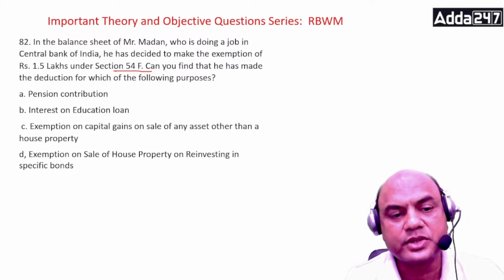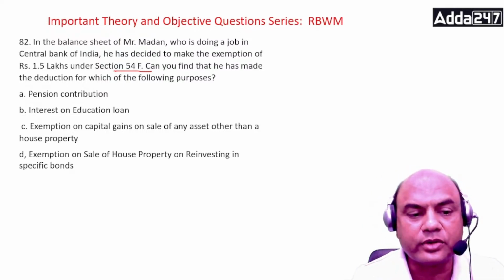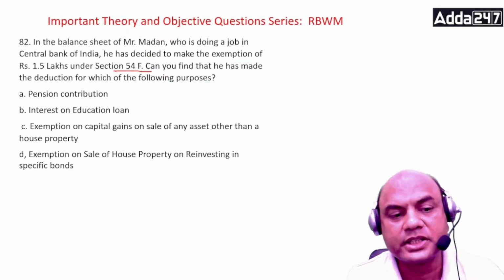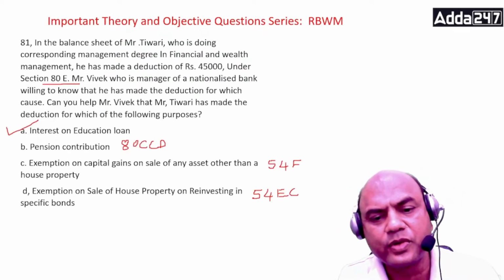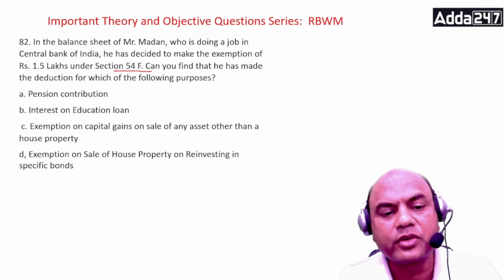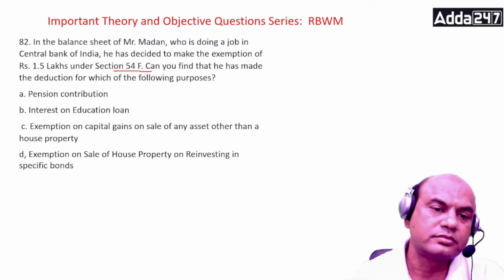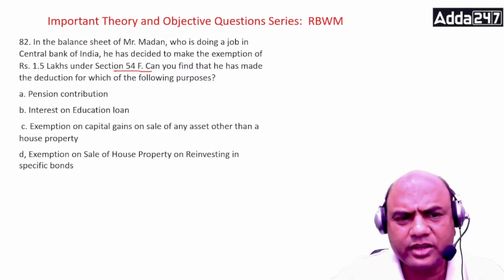Pension, interest on education, capital gains from sale of any other asset, sale of housing property on reinvesting in specific bonds. Just now I gave you 54F. See this, any asset other than housing property. So now give me the answer.